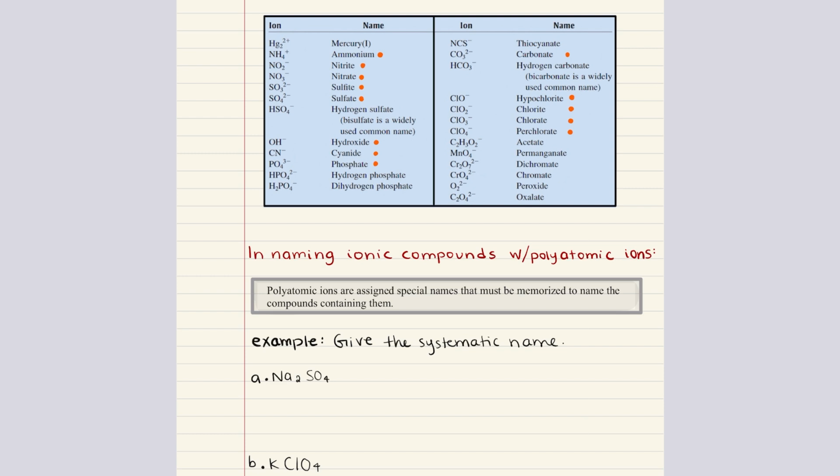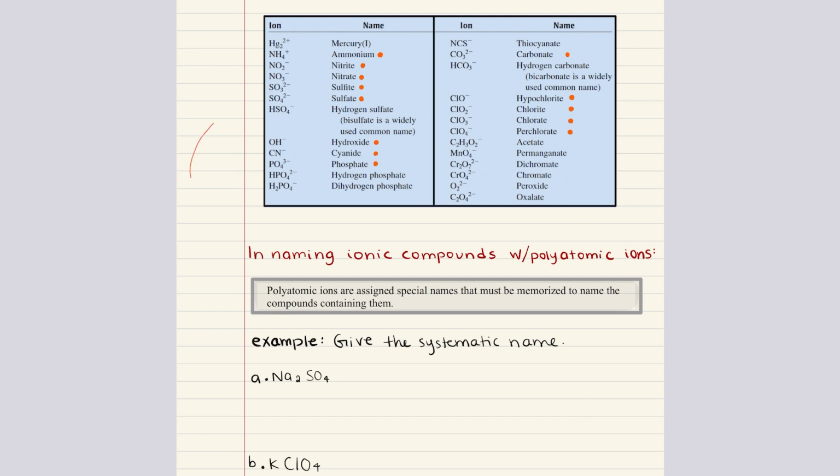These ions act as a single unit in ionic compounds, meaning they do not get broken apart when naming the compound. Polyatomic ions have specific names that must be memorized to properly name compounds containing them.